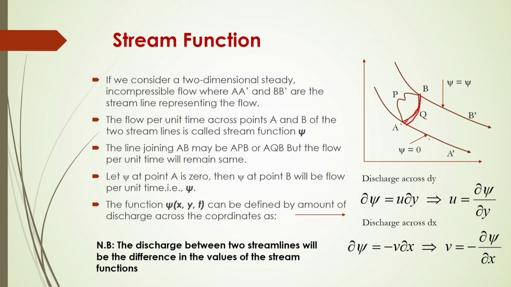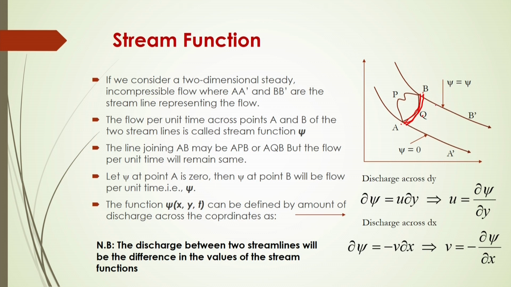The line joining AB may be APB or AQB, but the flow per unit time will remain the same here. This is the main important point: to express the stream function, the flow per unit time across points A and B will remain the same.